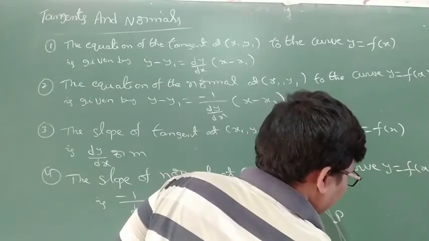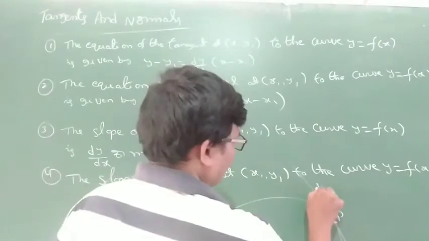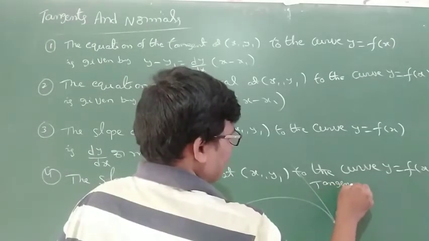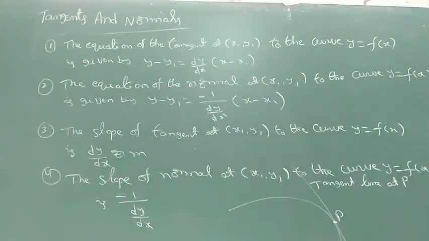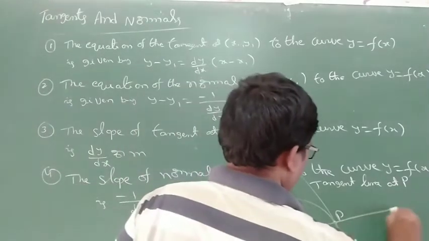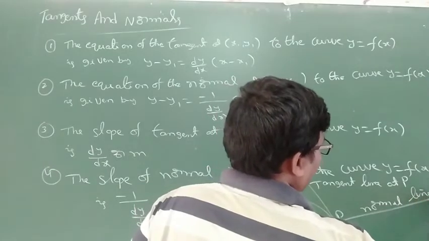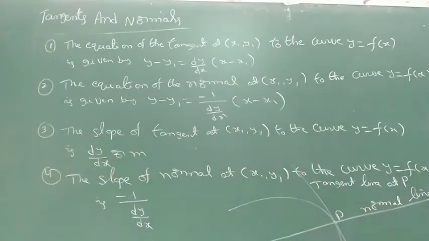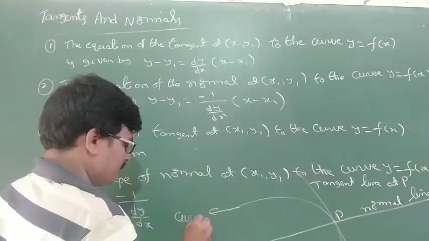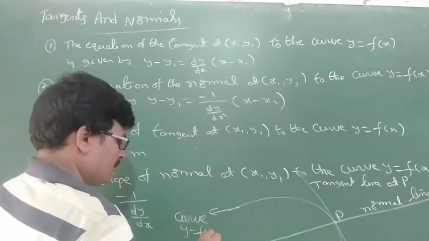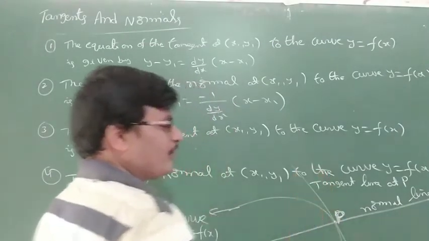Tangent line at P, tangent line at P, this is the tangent line at P. This is the normal, normal line at P. This is the curve, and this is the common point.